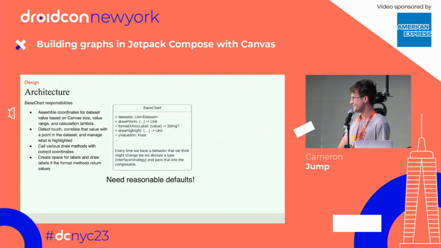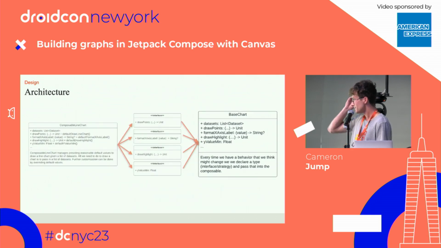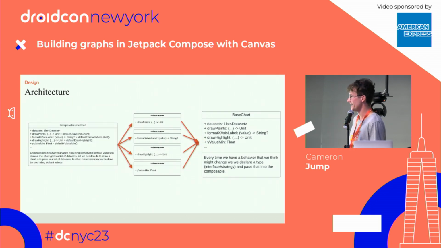But this does not really meet our developer experience expectations. I shouldn't be passing in 20 or 30 params every time I need to make a chart. That's why I'm making another layer, which is this line chart, which is going to provide reasonable defaults to my base chart.